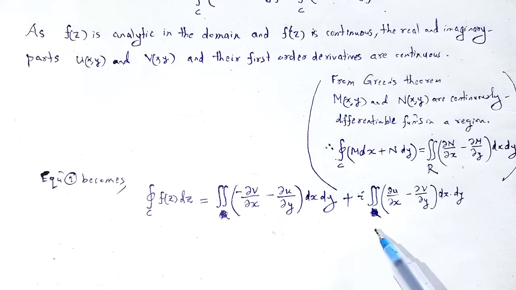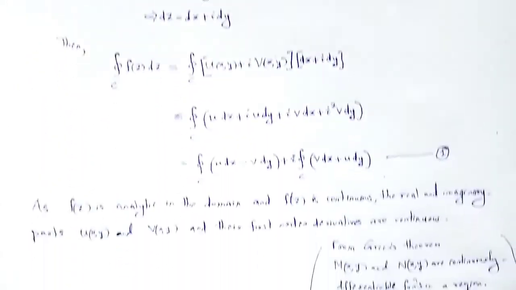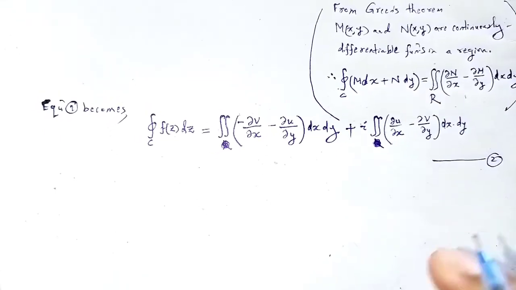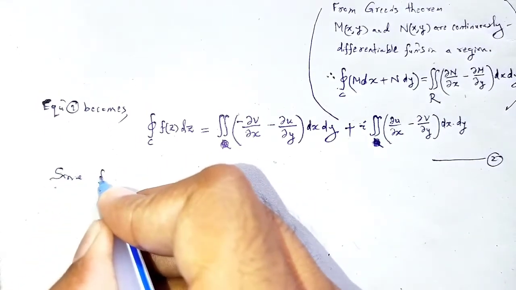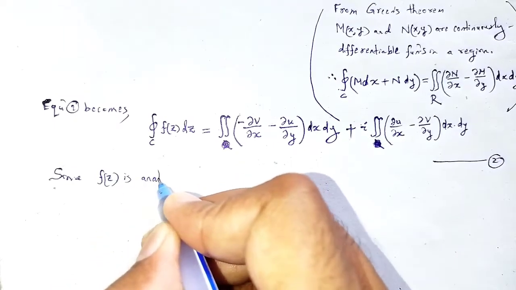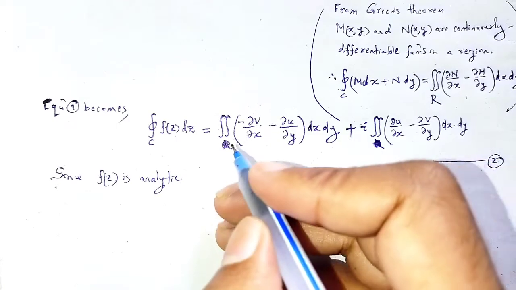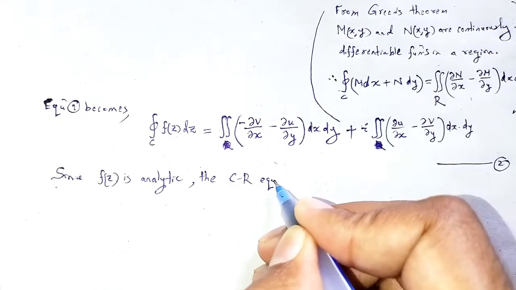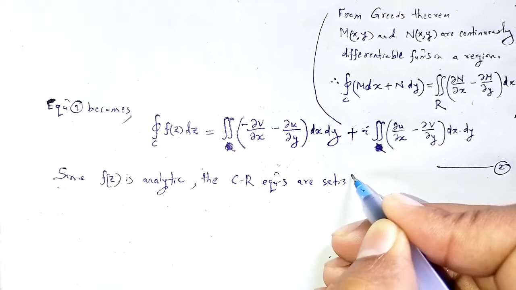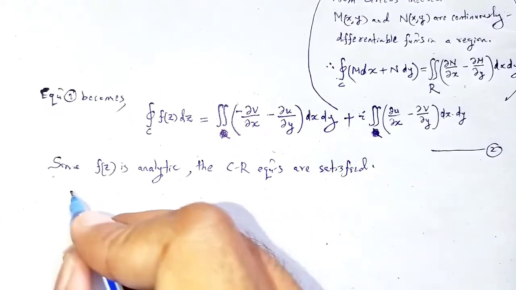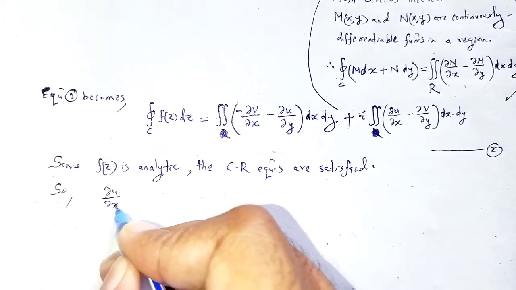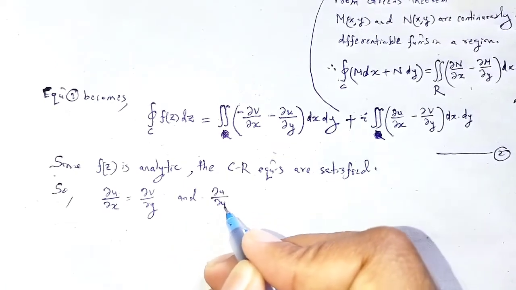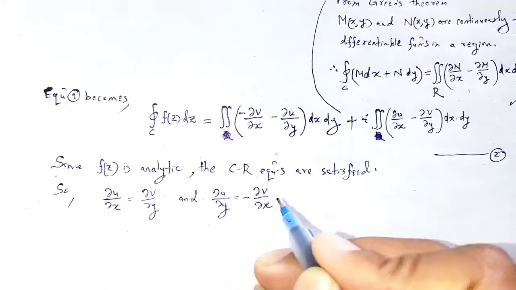Use the Cauchy-Riemann condition, as the given function is analytic, as equation number 2. Since f(z) is analytic, the Cauchy-Riemann equations are satisfied. So we write ∂u/∂x replaced by ∂v/∂y, and ∂u/∂y replaced by −∂v/∂x.